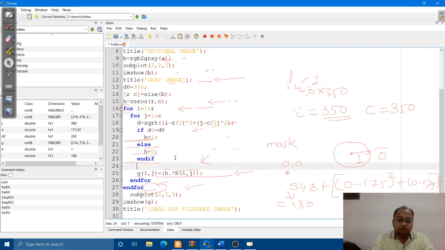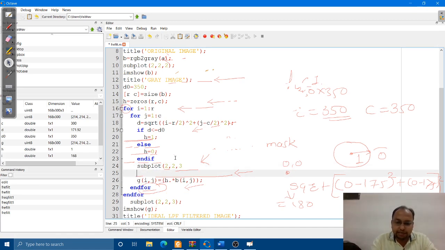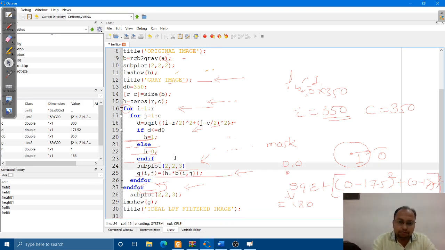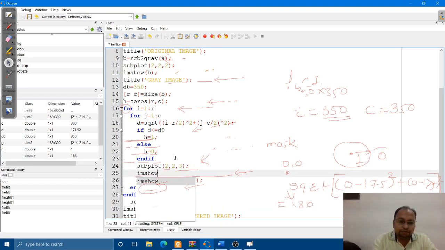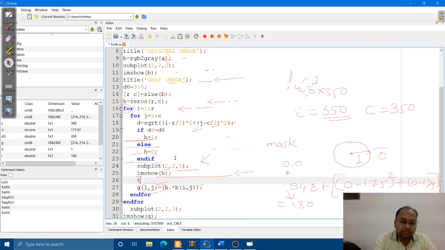Let us go for subplot 2 comma 2 comma 3, and imshow h, and let us give the title as filter mask image.